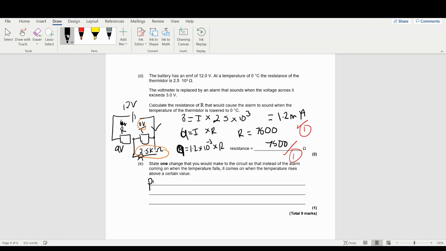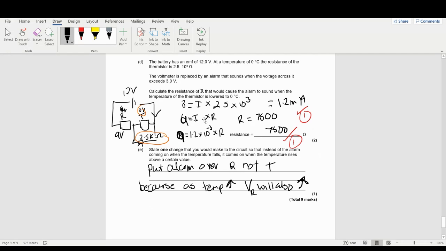So you want to put the alarm over R, not T, because as temperature increases, the resistance of R, or the voltage of R, will also increase. And that's just because of how a thermistor works.